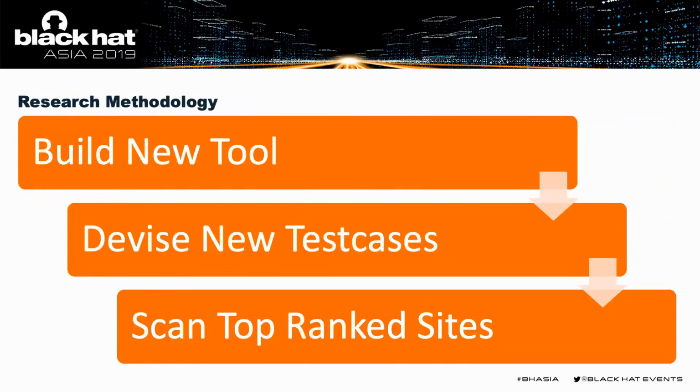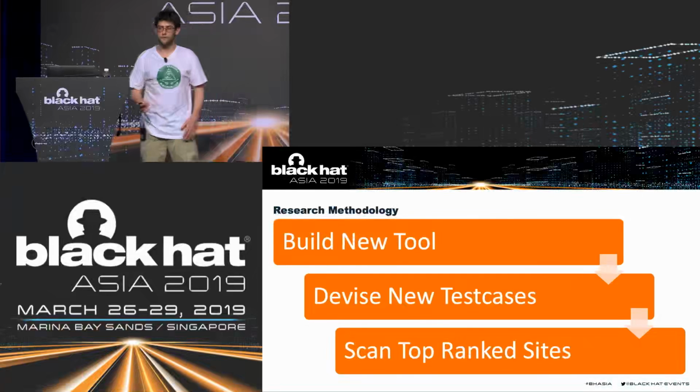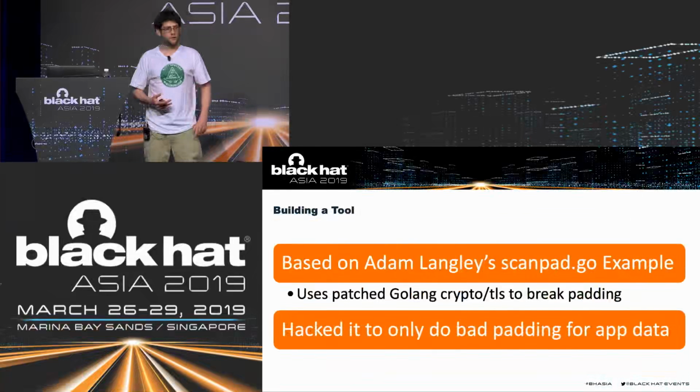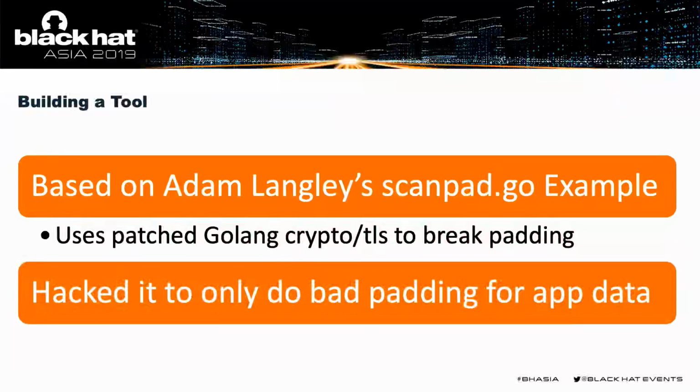But to find out, I needed to build a new tool, come up with some new test cases, and then do some scanning of top-ranked sites, so some internet top lists. In order to get started with the tool, I remembered back to when POODLE had first come out, and I had found on the Imperial Violet blog a very cool proof of concept from Adam Langley, where he patched the crypto/tls library within Go and basically told it to have a flag to say, all right, use broken padding.